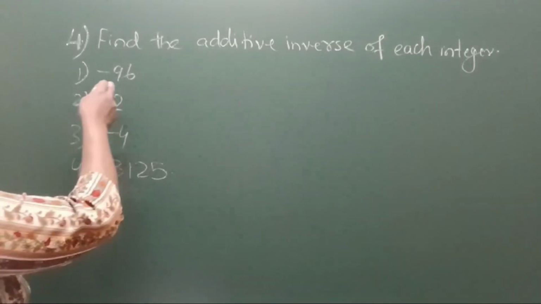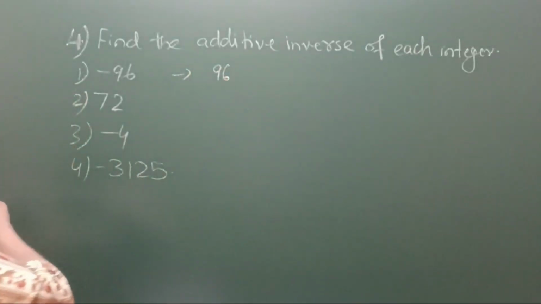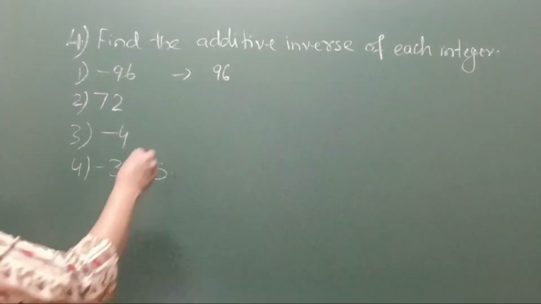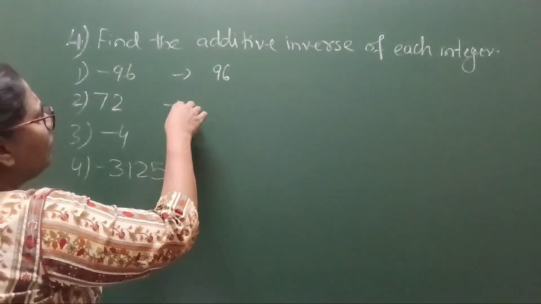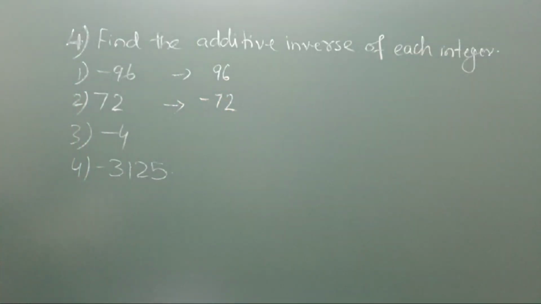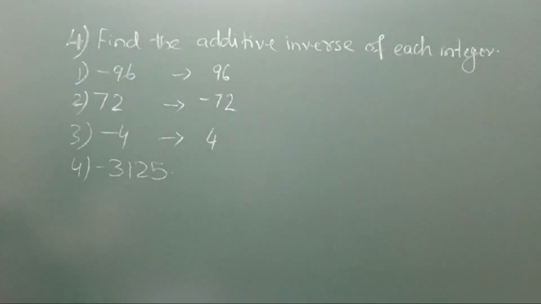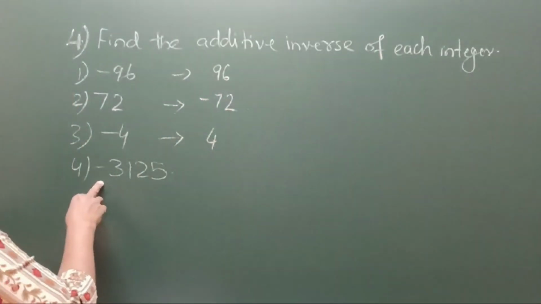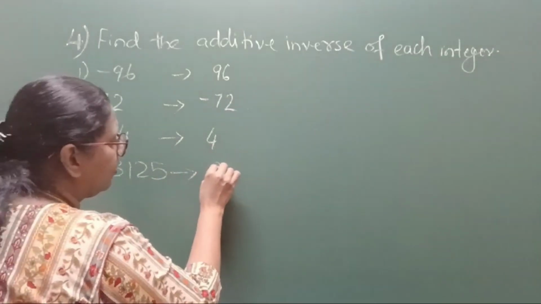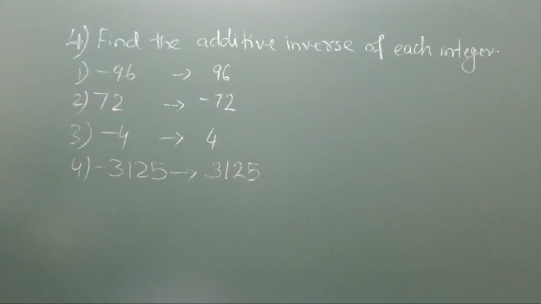The additive inverse of minus 96 is 96, that is a positive integer. Then here 72, which is a positive integer, so the additive inverse is minus 72. Then minus 4, its opposite is positive 4. Then minus 3125, its opposite is 3125, which is a positive integer.